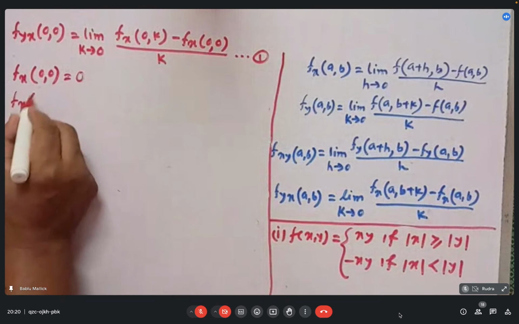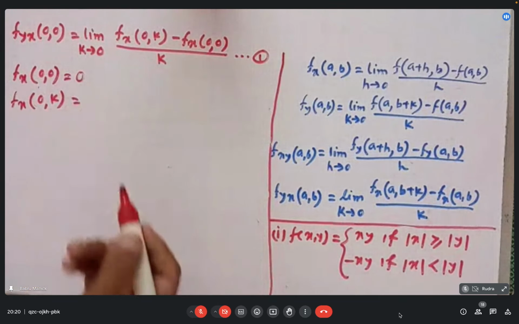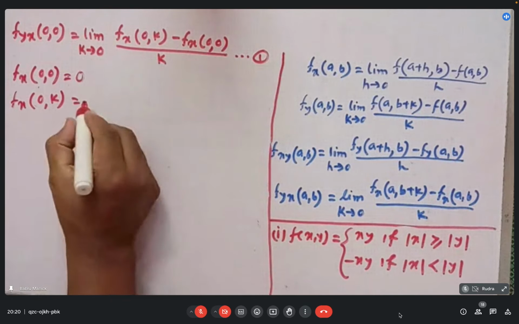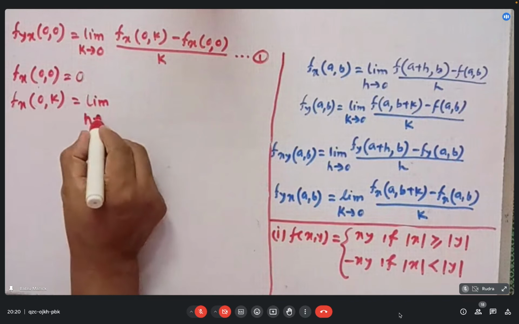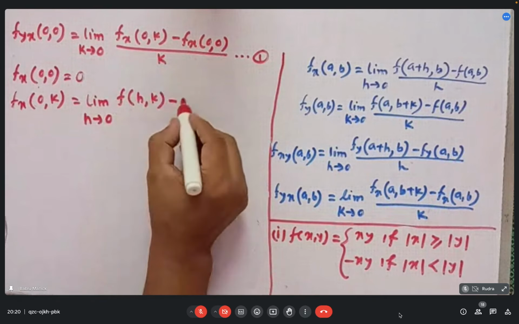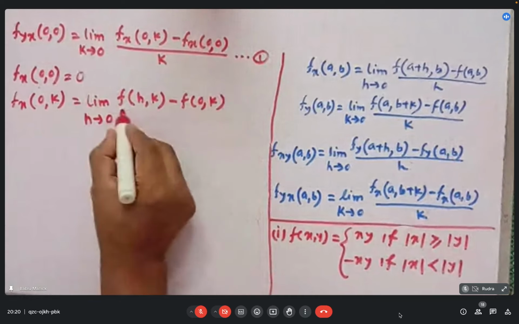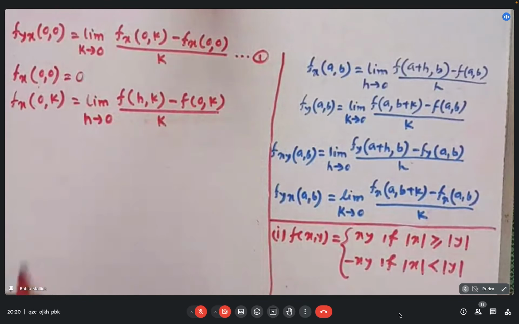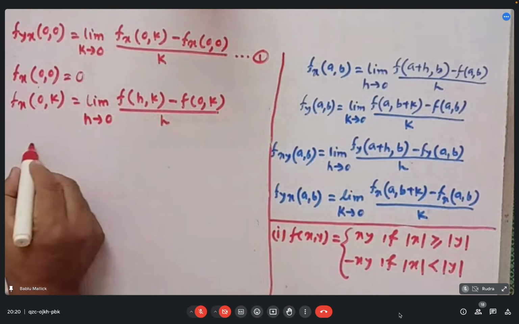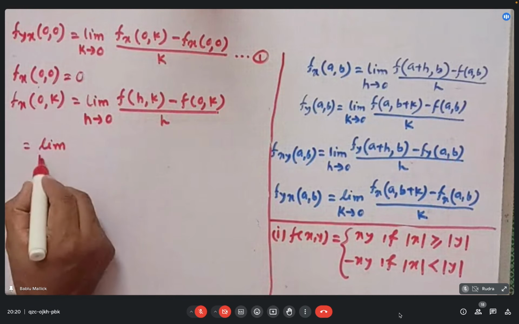Now f x at 0 comma k, this is equal to limit h tends to 0 of f of 0 plus h comma k minus f of 0 comma k, divided by h.